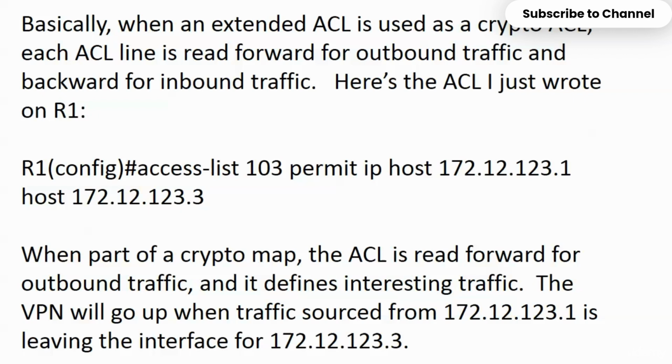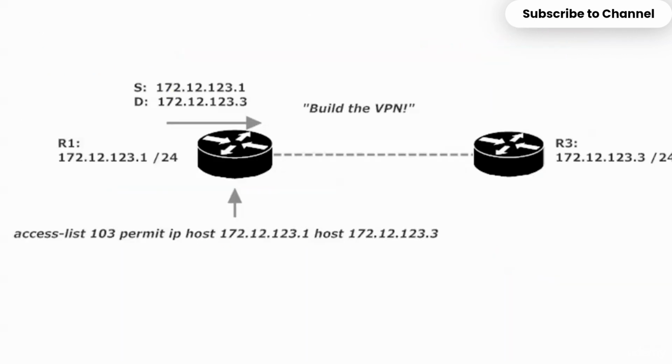Now, when this is part of a crypto map, the ACL is read forward for outbound traffic, and it defines interesting traffic. The VPN is going to go up when traffic sourced from 172.12.123.1 is leaving the interface for 172.12.123.3. It's going to trigger the VPN build, and that traffic will be IPsec protected.